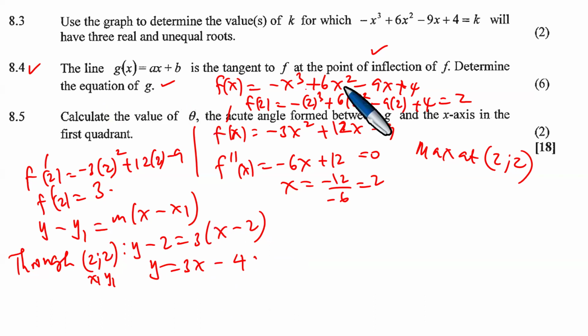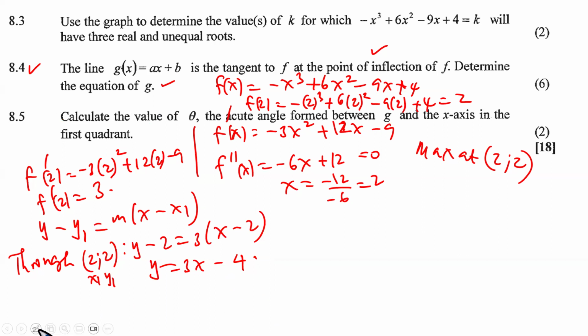So we need to determine the equation of g, and we're able to see, therefore, that the equation of g is exactly that. It is 3x minus 4. And there are a couple of ways that we can use to determine this. So take note of that.